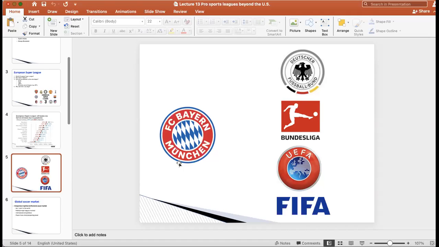A professional sports league in Europe is different. Bayern Munich, for instance, right? Bayern Munich has to participate in a lot of competitions during the year. They have to participate in the Bundesliga, which is the German soccer league, right? And Bayern Munich also needs to be a member of the German Soccer Association, because they also have to participate in a cup in their nation, right?